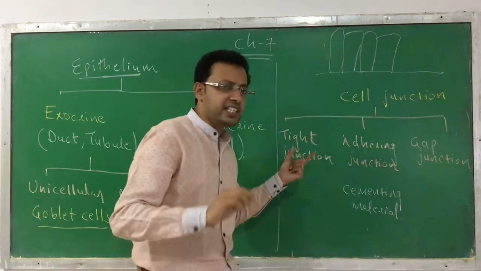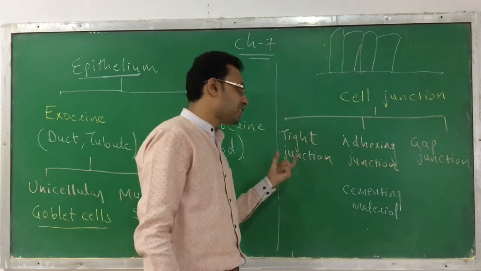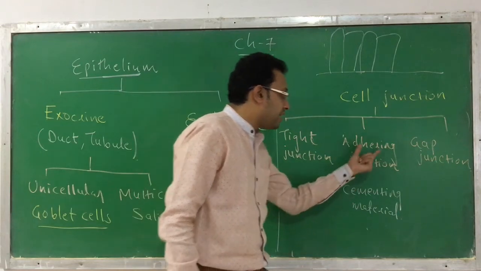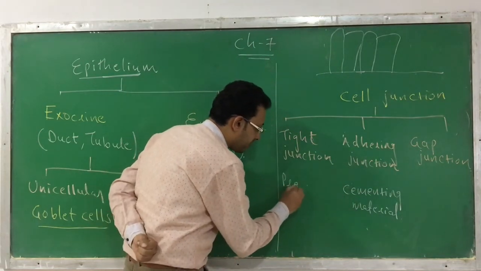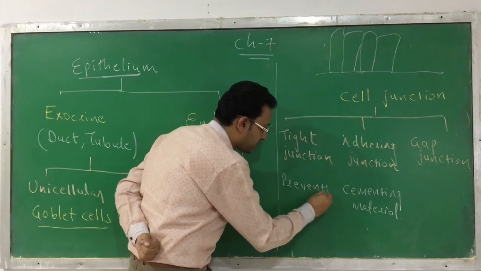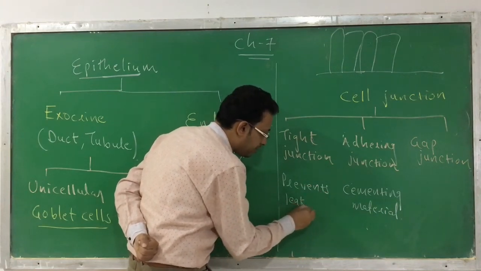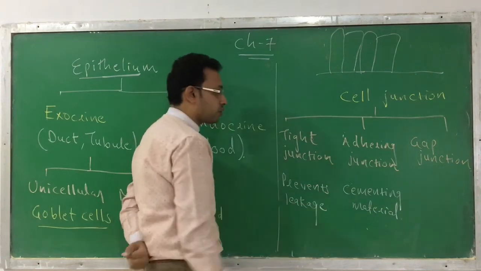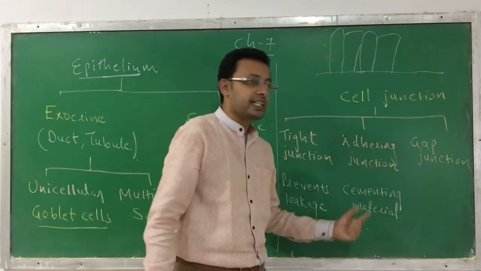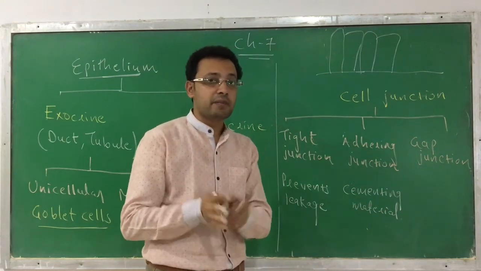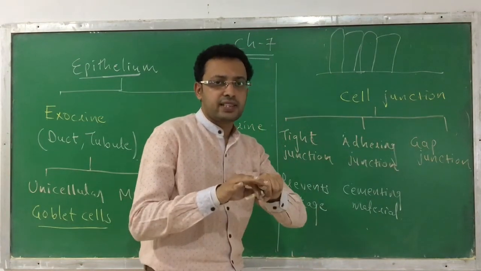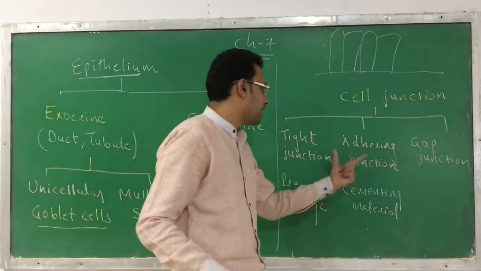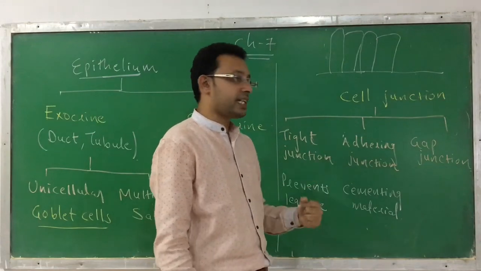In the tight junction there is no gap, a very tight attachment, which is meant for protection, and it prevents leakage. There is no space between the cells, so it prevents leakage. Adhering junctions act as a cementing material between two cells. And the last is the gap junction, where there is somewhat a larger space compared to the other two, so it is called a gap junction.